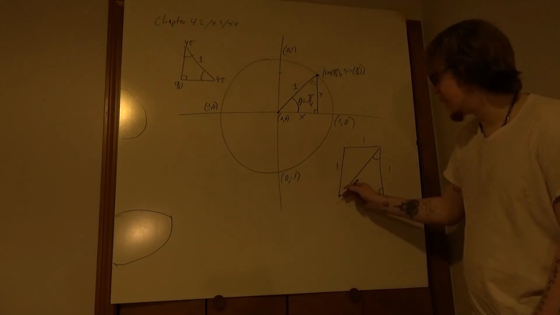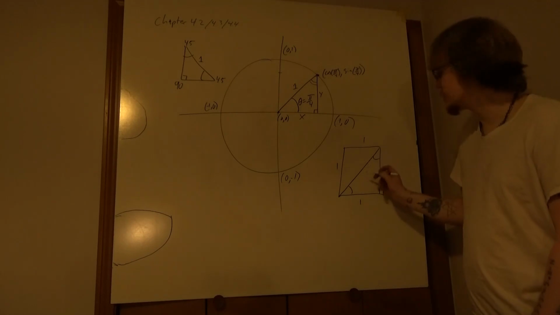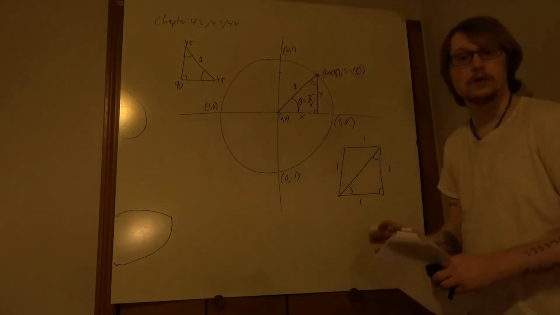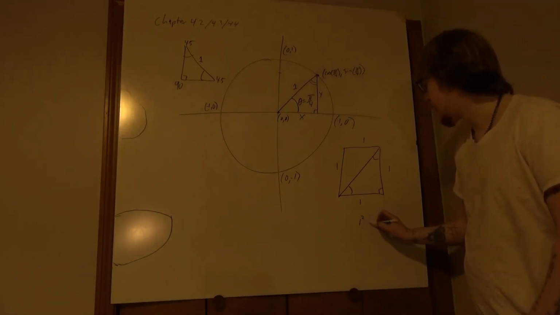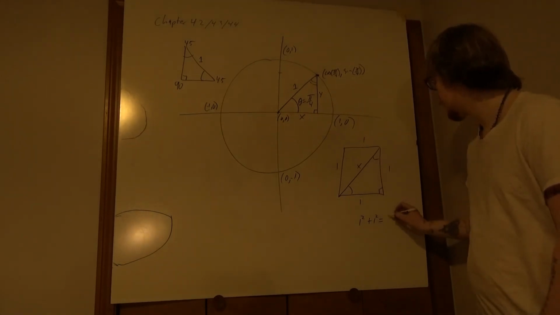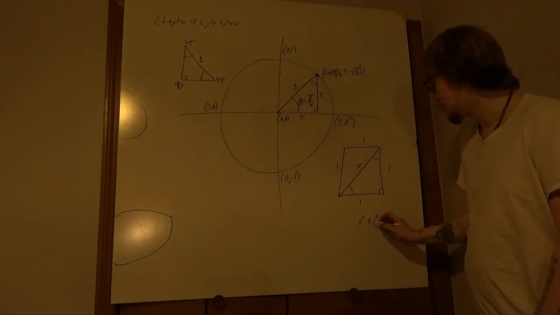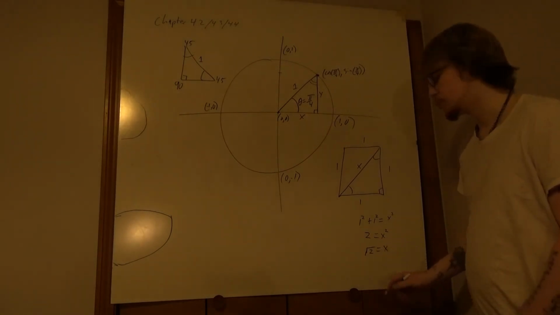Because this is half of 90, so it's 45, and so we get this. What is going to be this length? Well, we can bring in good old Pythagoras again and say we know that 1 squared plus 1 squared has to equal x squared. This is just 1 plus 1, so this is 2 equals x squared, and so we get that x equals the square root of 2.